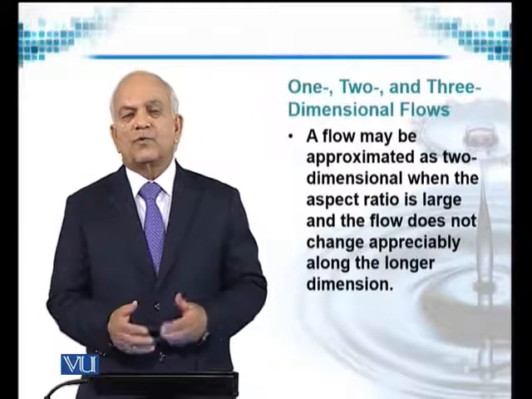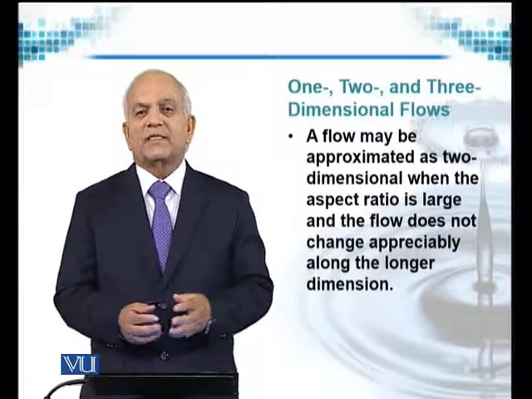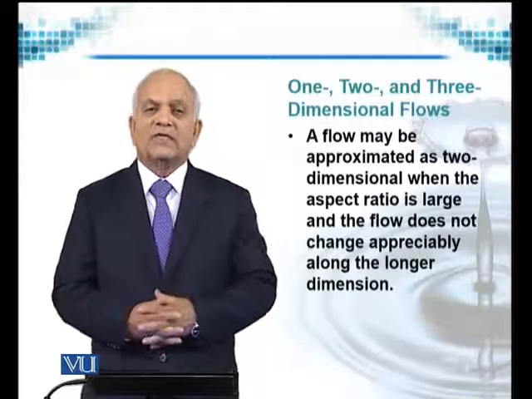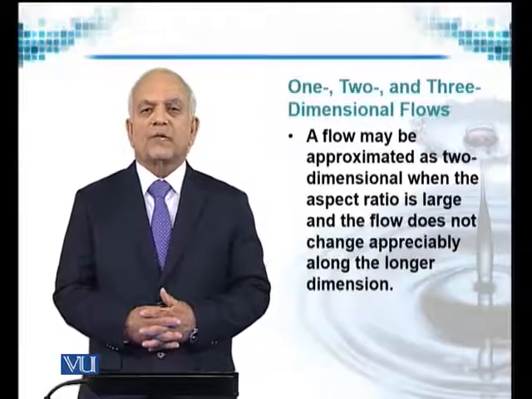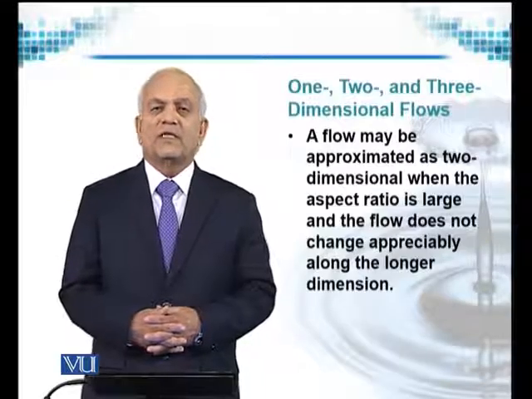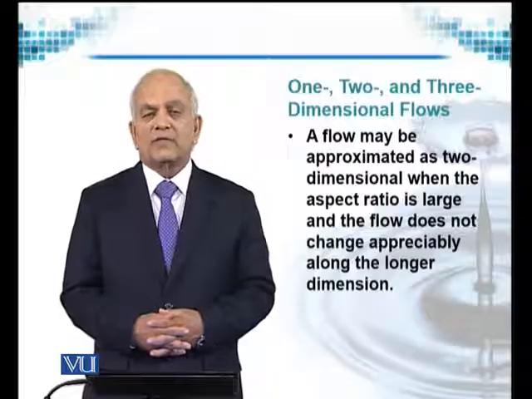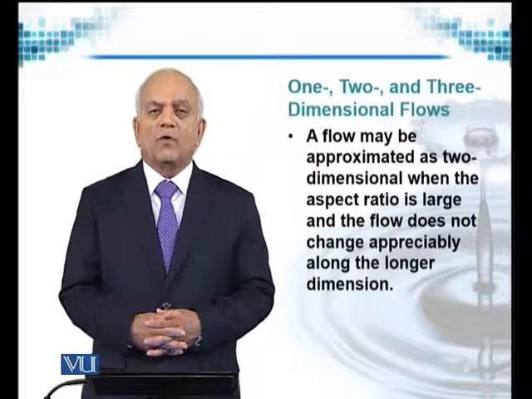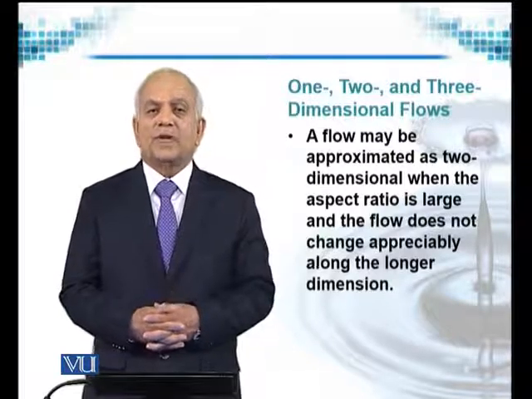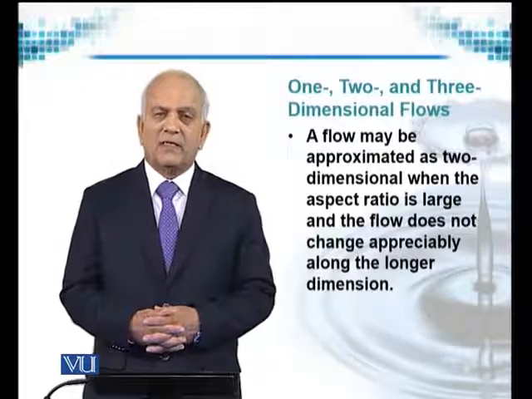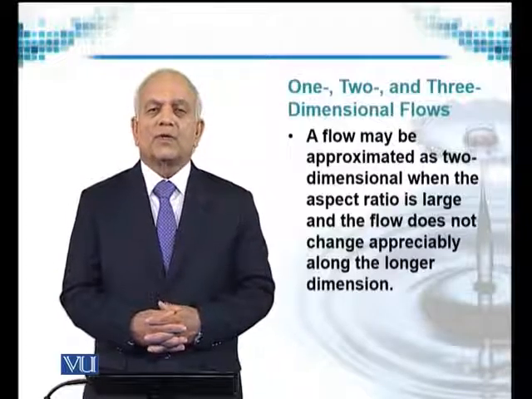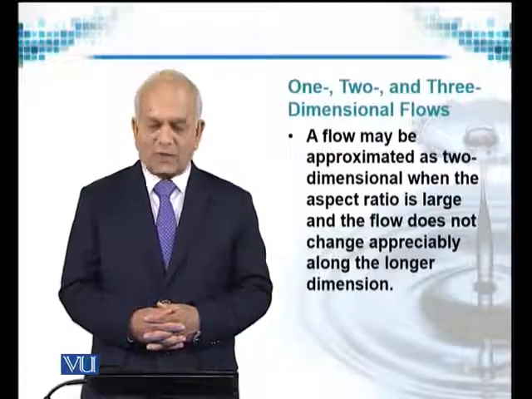When we are considering two-dimensional, if there is r and theta direction, for example, and if at large r the velocity does not change much with respect to theta, or if there are x, y directions and the flow is moving in the x direction, after large times, if the movement of flow develops only in x direction and it does not change much with respect to y direction, then we can ignore the y component, and solution of x direction equation is sufficient to predict the flow conditions.